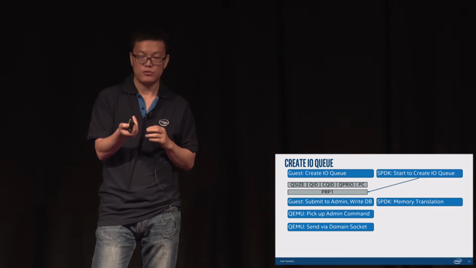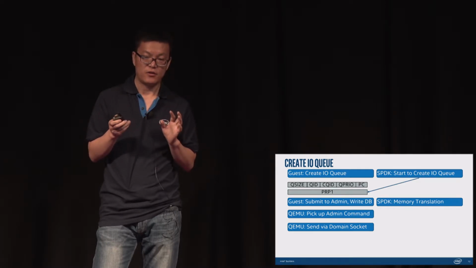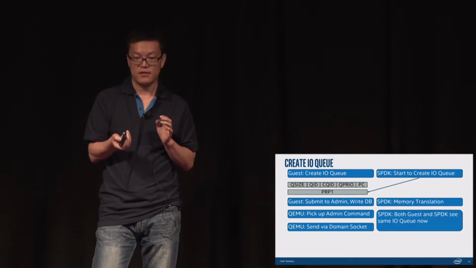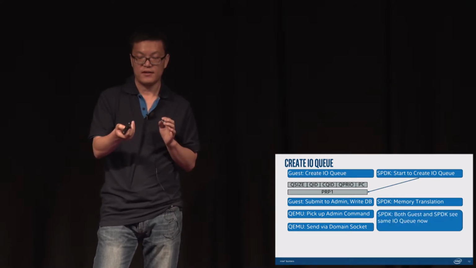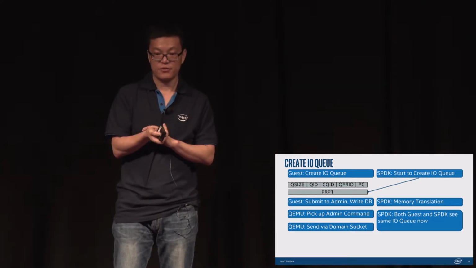So it will do a simple memory translation from the guest physical memory address to the virtual host memory address. So after this step, both the guest and SPDK can see this IO submission queue now.